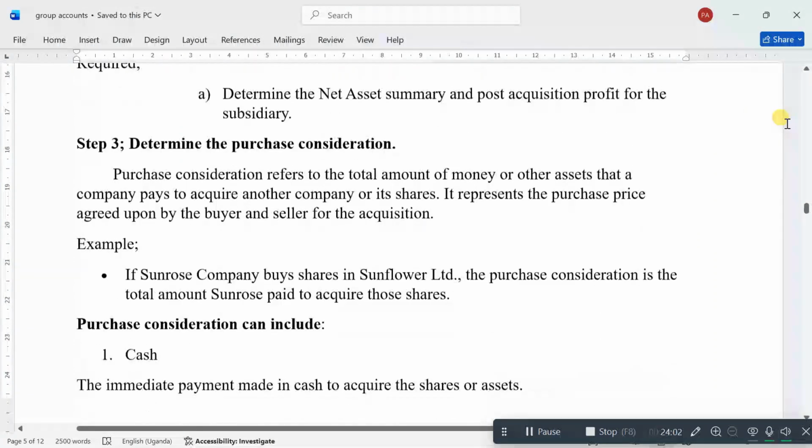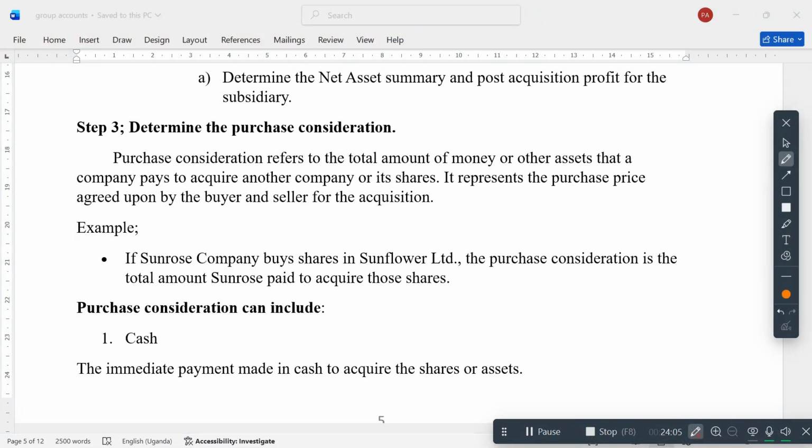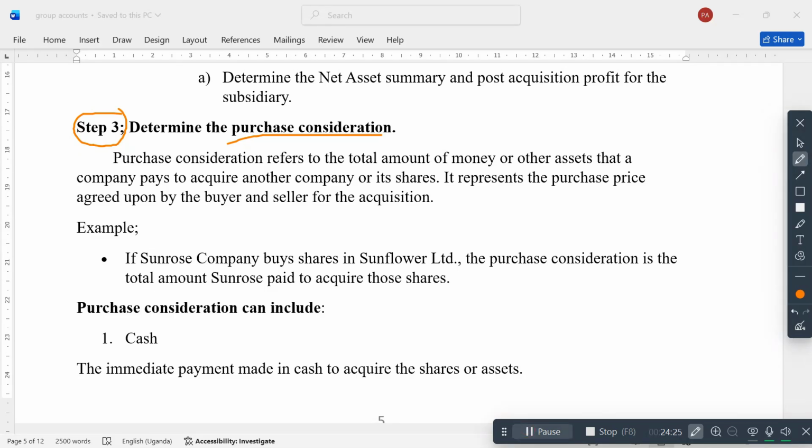That takes us to step 3, determining what we call the purchase consideration. We are looking at the money you paid when you bought shares in the other company. If ABC company bought KK company, how much money did you pay to buy shares in the other company?